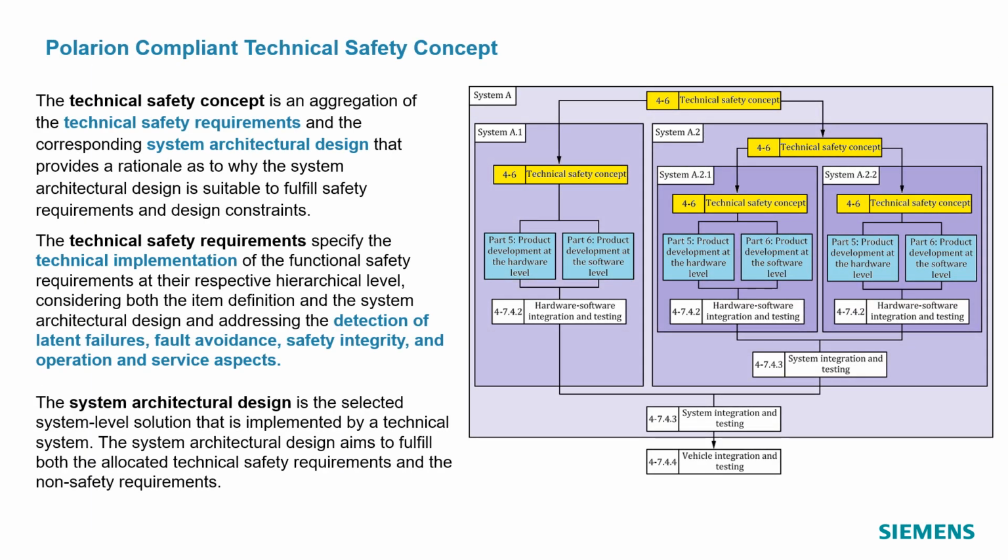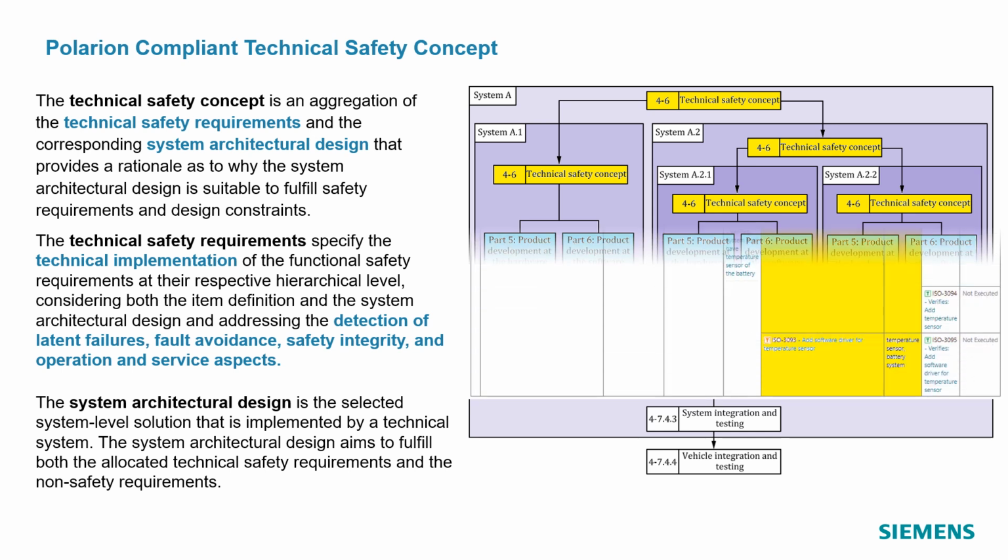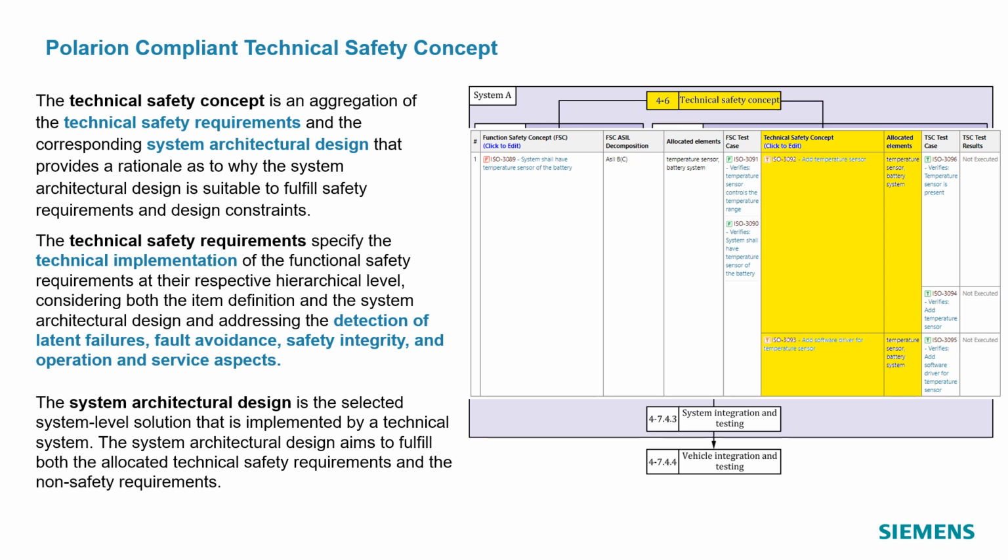The technical safety concept is an aggregate of both the technical safety requirements and the system architecture design. We try to provide the rationale as to why a system architecture design is suitable to fulfill the safety requirements and the design constraints. The technical safety requirement specification is the technical implementation of the functional safety requirements respective to their hierarchy, trying to consider both the item definition and the system architecture design.